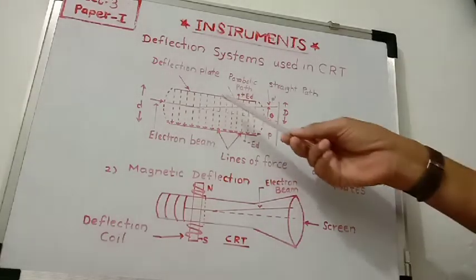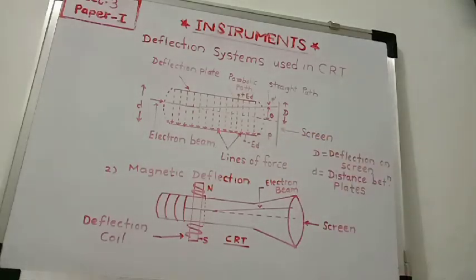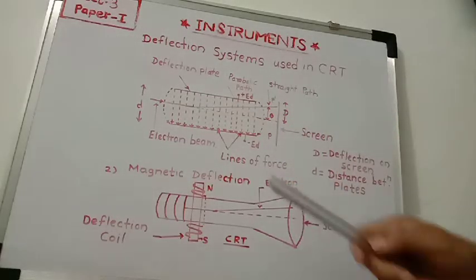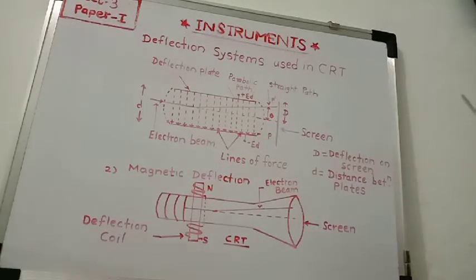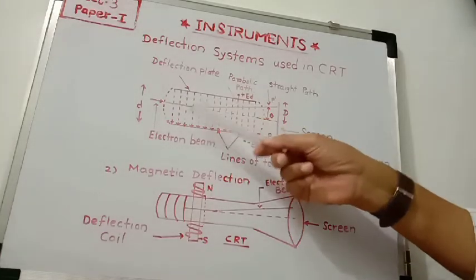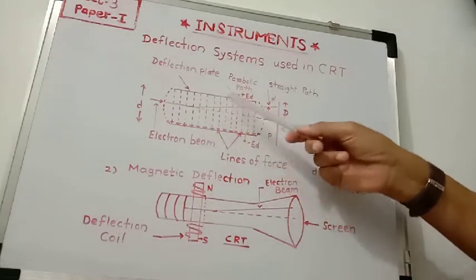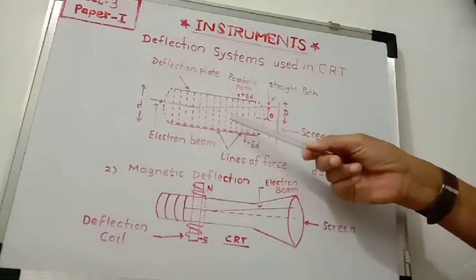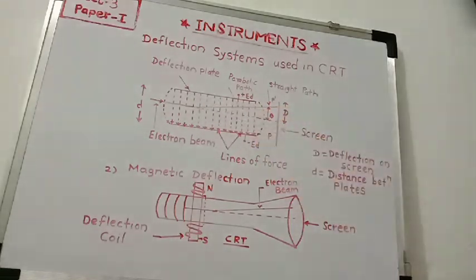Since there is a difference in potentials, electric lines of force are created between these two plates. These are the electric lines of force.